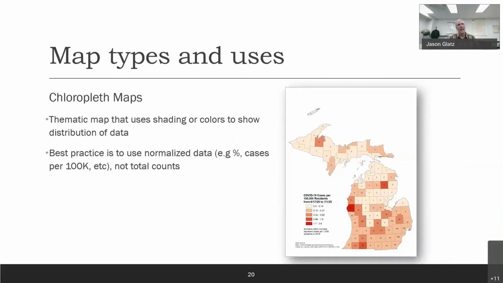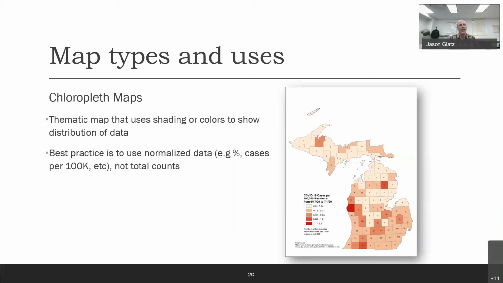The next kind of map that most of you folks have come across, I'm assuming, are choropleth maps. These are thematic maps that, instead of just showing where things are, are actually mapping data and showing an analysis of the data.